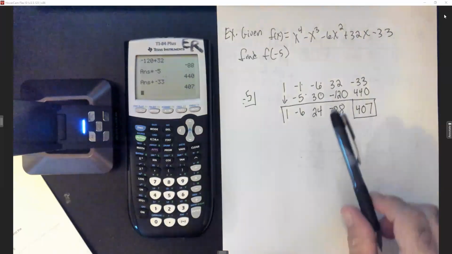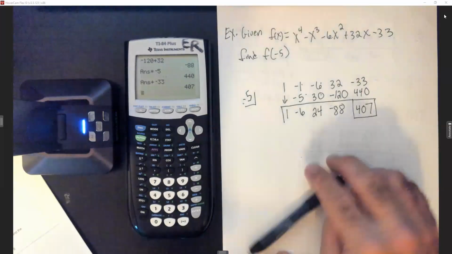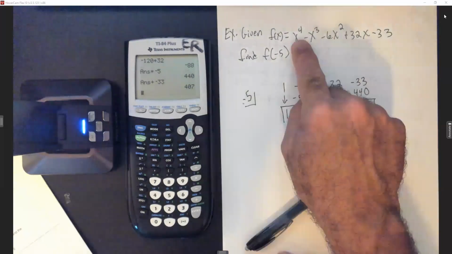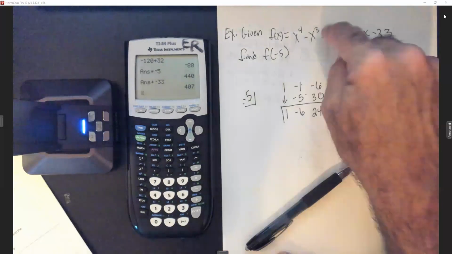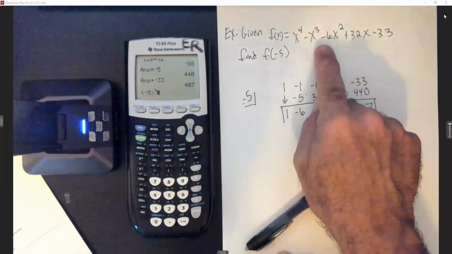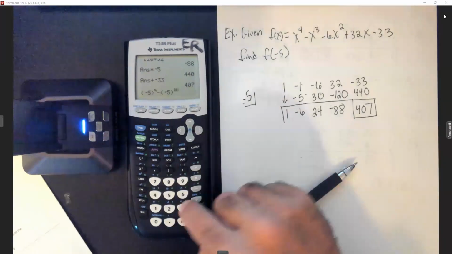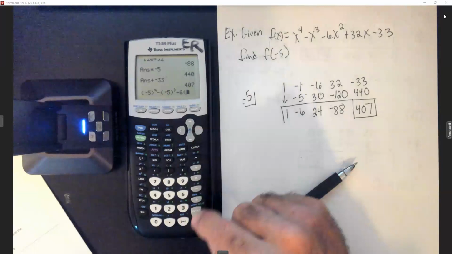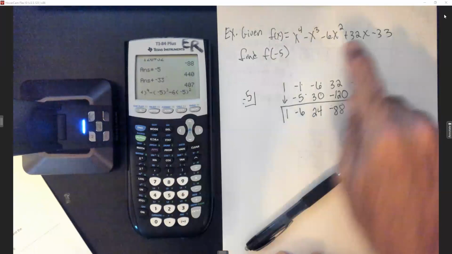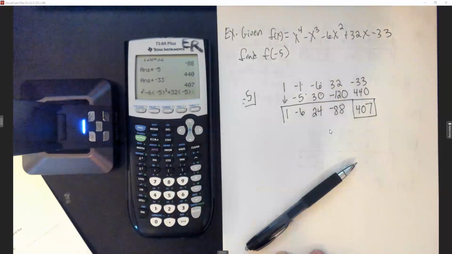So y'all, synthetic division gets these function values pretty quick. It's quicker than coming in here and putting all these negative 5s in. So I'm going to do this one by hand by putting a negative 5 in just to show you that this answer will be the same as that one. So I got negative 5 to the fourth power minus negative 5 to the third power minus 6 times negative 5 squared plus 32 times negative 5, and then minus my 33.